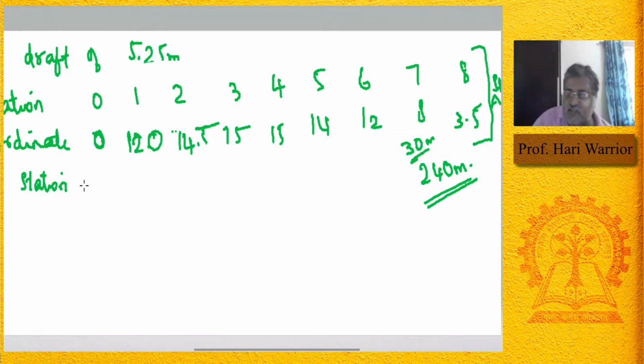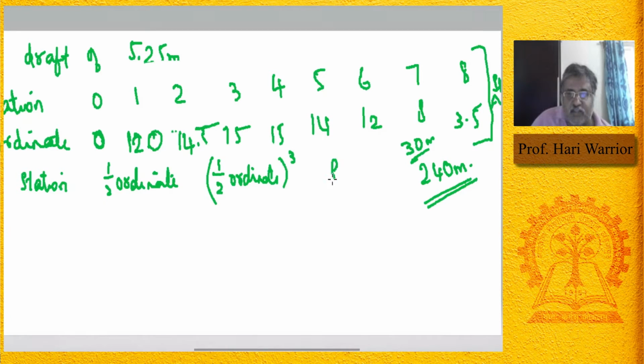So basically it comes like the station, half ordinate, then you will have half ordinate cubed. Then the Simpson's multiplier and the function of second moment.